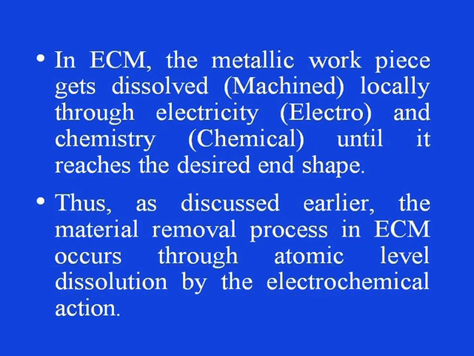In electrochemical machining, the metallic workpiece gets dissolved, which we call in manufacturing as machined locally through electricity and also chemistry, that is chemical reactions. Electrical dissolution and chemical reactions both are present in this process until it reaches the desired shape.